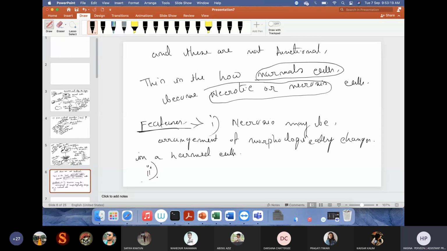And another feature is that necrosis is the net cell passing, occurring in the setting of irreversible exogenous injury.